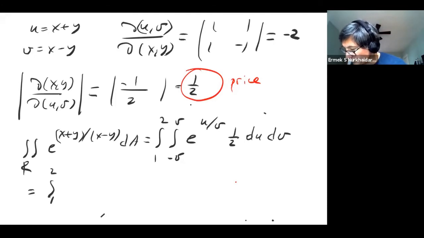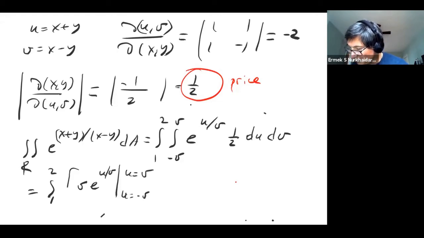We're taking the integral with respect to u, so we do the substitution z equals u over v. Do it, so you're going to get an extra v in front. So v times e to the u over v, u is changing from negative v to u equals v. I forgot 1/2 somewhere here.